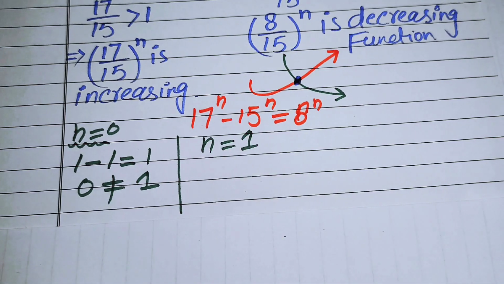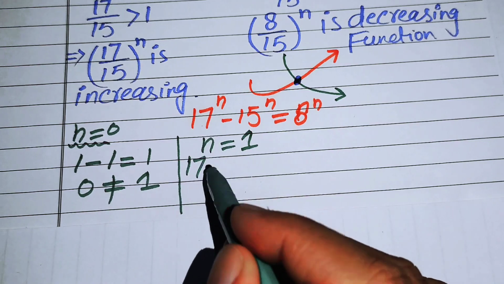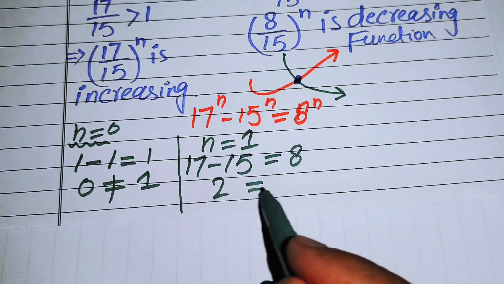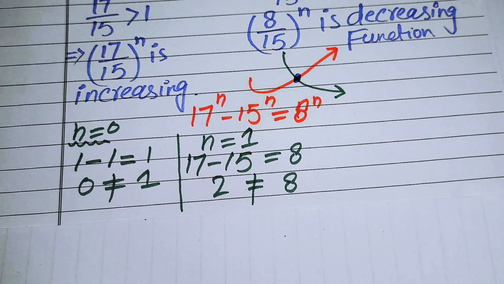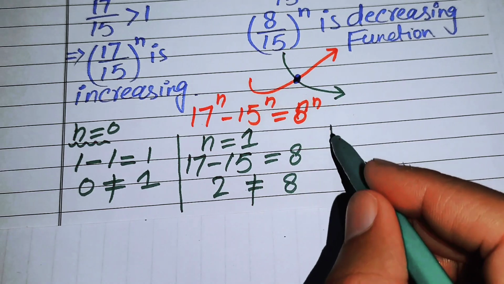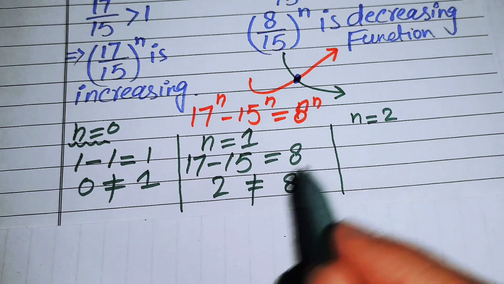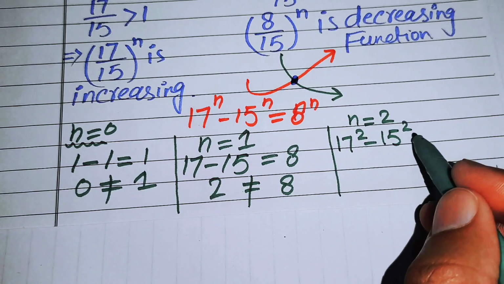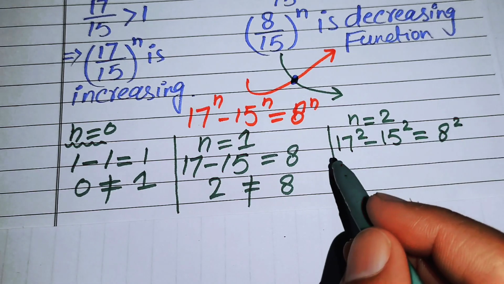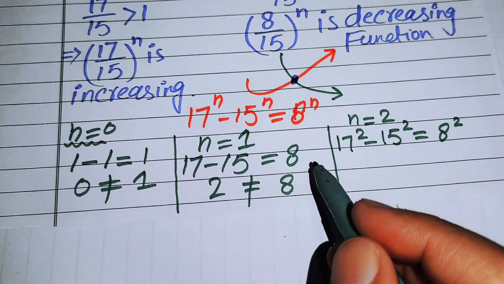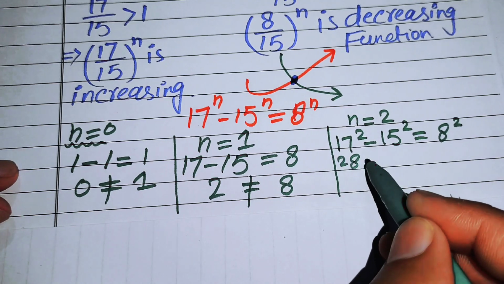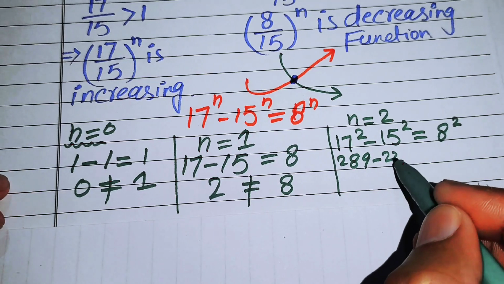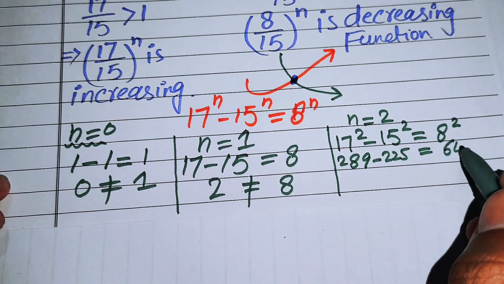Now we check at n equals 1. When you put n equals 1 on both sides, you have 17 minus 15 equals 8. So 17 minus 15 is 2, and 2 is not equal to 8. Now we check at n equals 2. When you put n equals 2, you get 17 squared minus 15 squared equals 8 squared. 17 squared equals 289, minus 15 squared equals 225, and 8 squared equals 64.